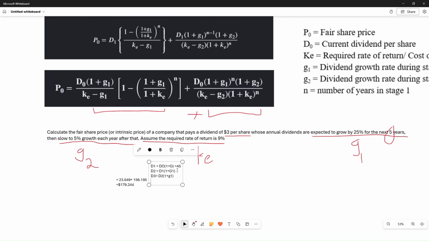When you get the answers like this, you present value them using the KE, the required rate of return. When you do that, you also need to get the terminal value. When you get the terminal value, you add both of them together. That's another method to do it. But the formulas we have here are pretty straightforward in order to get the fair share price.